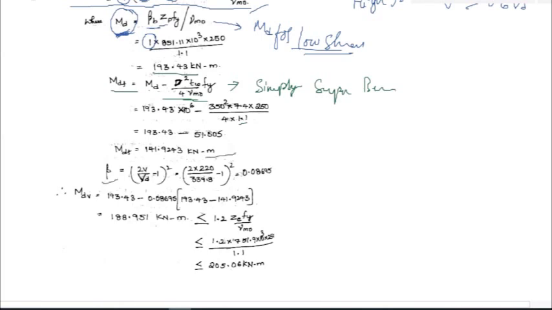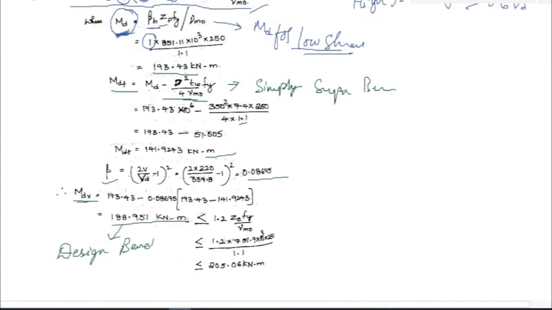And now other unknown is beta, that is given by 2 times of factored shear force divided by design shear strength minus 1 whole square. So substitute them and you get beta. And on substituting them in the MDV equation, I got MDV is equal to 188.951. That's simple, right?